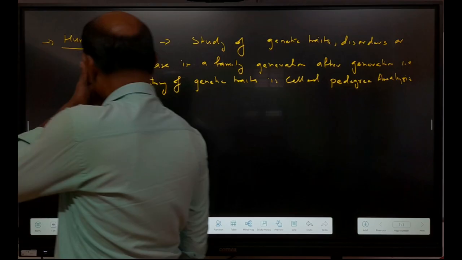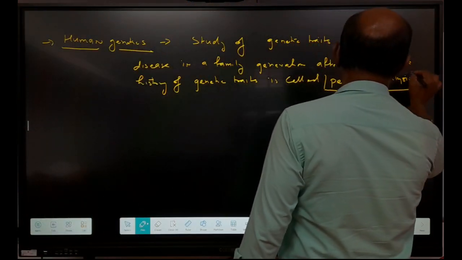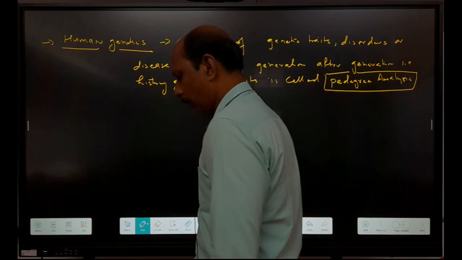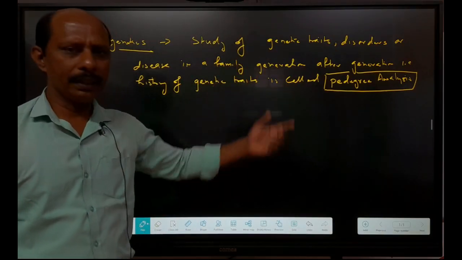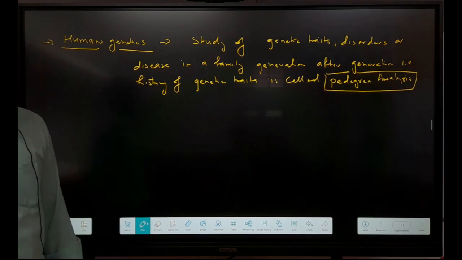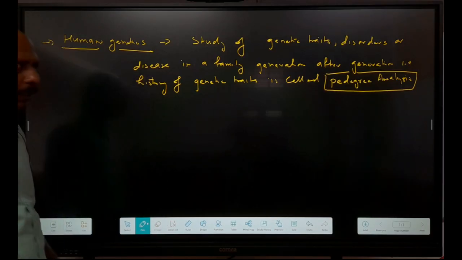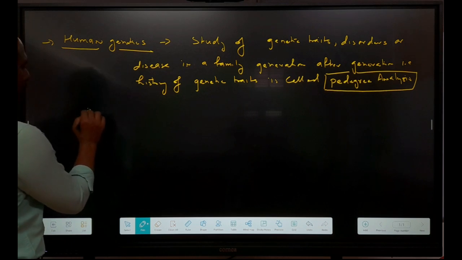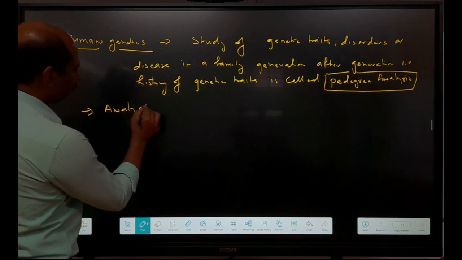First thing here, right? It is called pedigree analysis. But here, one thing is more. When we study these traits for well-being of humans, then it is called as human genetics. To improve the human, we can say here, analysis. That is the difference between the definitions.